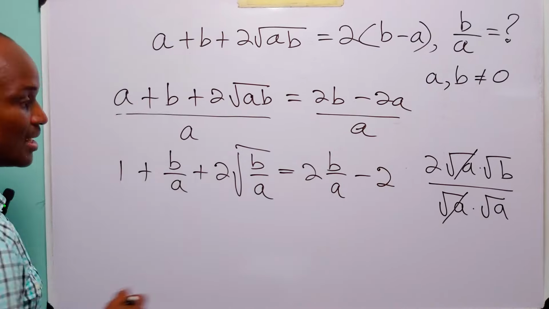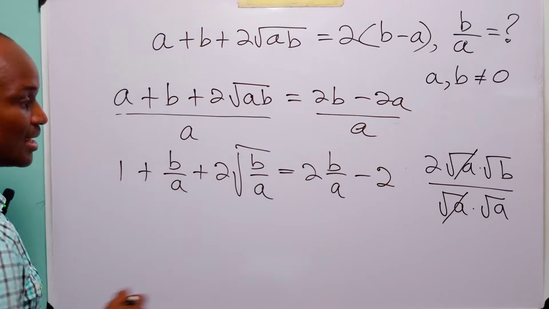let the square root of b over a be equal to x. And of course, you know that when we square both sides of this equation, we have that x squared is equal to b over a. What we are going to do is that we will rewrite this line of equation in terms of x and x squared.